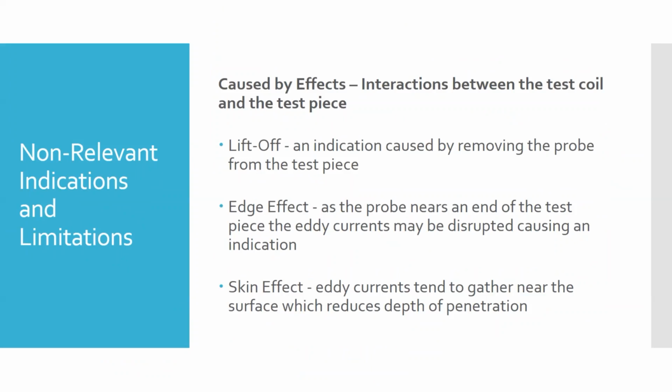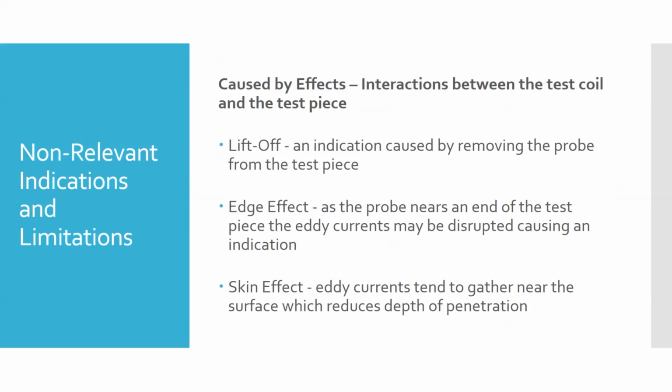Okay? So we want to see what that looks like as well, so that, again, we know what does it look like when our probe meets or breaks the surface? What does it look like if we start to run off the edge? And then as we go across our part, or our test standard, what do various crack sizes look like? Now this is just that one form.